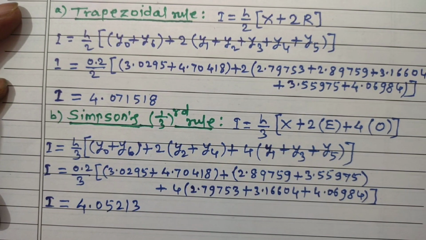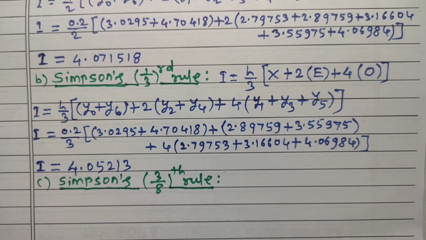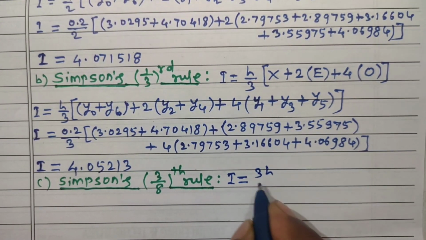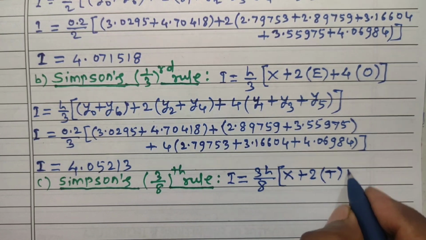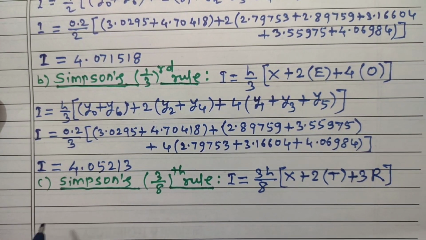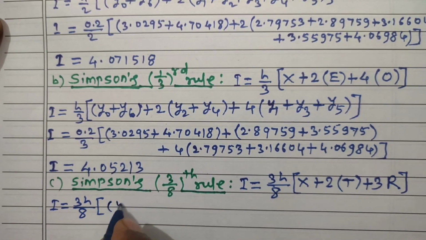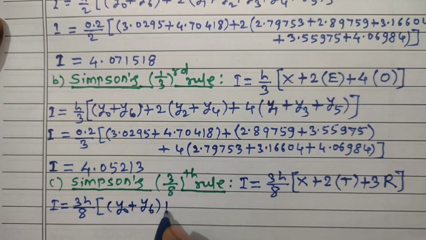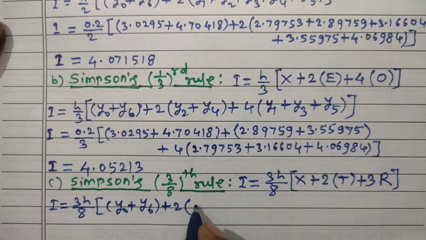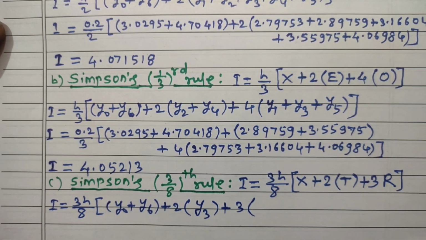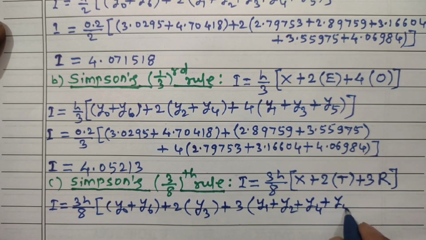Let us apply Simpson's 3 upon 8th rule. The formula for Simpson's 3 upon 8th rule is: value of integral I is equal to 3h divided by 8 into bracket capital X plus 2 times capital T plus 3 times capital R. So I is equal to 3h divided by 8 into bracket y0 plus y6 plus 2 times ordinates with suffixes 3, 6, 9, only y3 is there, plus 3 times all remaining ordinates that are nothing but y1 plus y2 plus y4 plus y5, bracket close.